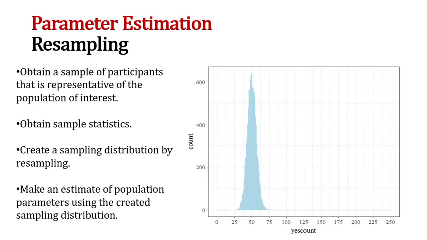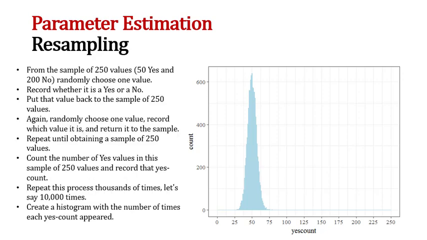Okay, so the process to create the sampling distribution by resampling, there are different methods. I'm going to explain one of them. Basically, the difference with the other approaches is that we don't have to care about probability distributions. We create a new distribution by ourselves.